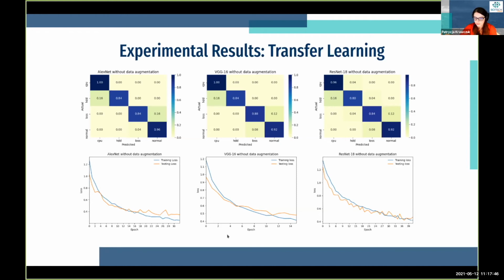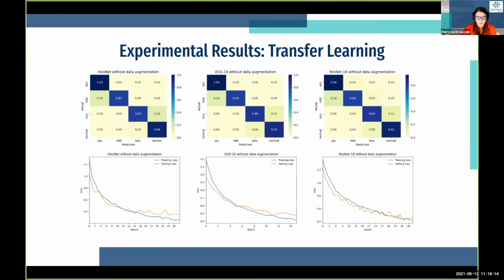We can see that it takes many more epochs to train those larger models. And we can see that the pre-trained models were able to achieve 100% accuracy when detecting the CPU-related anomalies. And all of them can pretty well identify the normal runs without any anomalies.